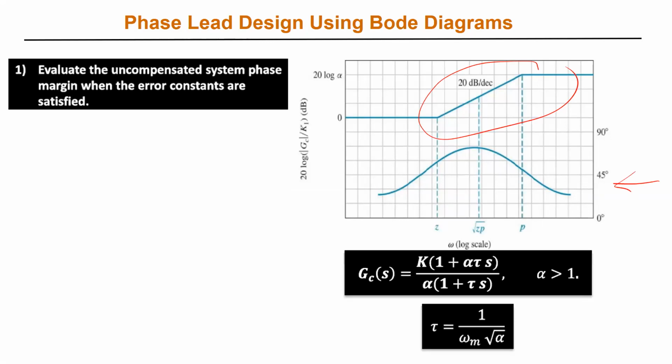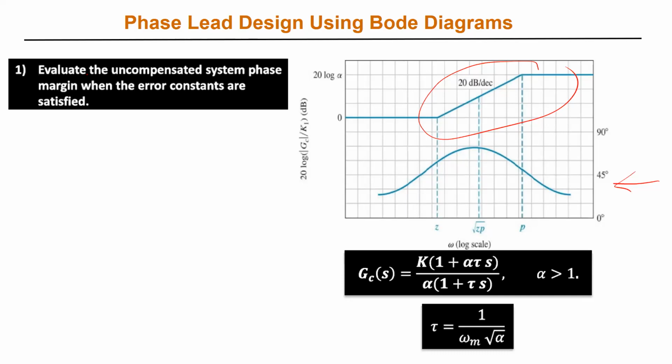Let me repeat the design procedure for phase lead design. First of all, we evaluate the uncompensated system phase margin when the error constants are satisfied. We first try to correct for any steady state error, then plot the Bode plot of the system with corrected steady state error, and from that we read the phase margin.